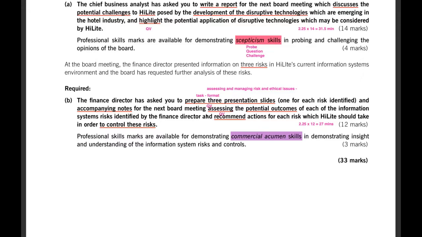Okay, so when you read this particular thing further, what do you think the syllabus area is supposed to be assessing? The potential outcome and recommended action for each risk which Highlight should take in order to control this.